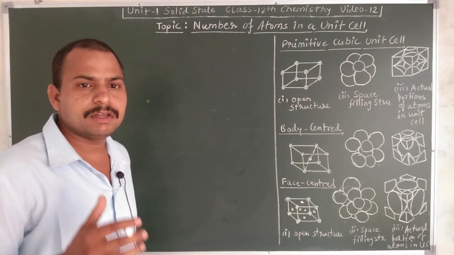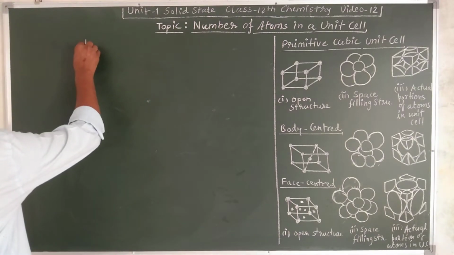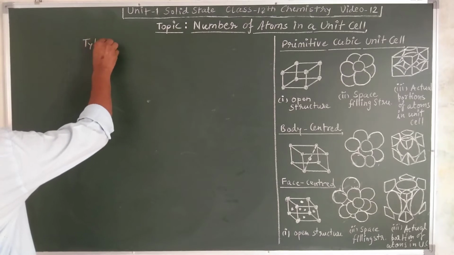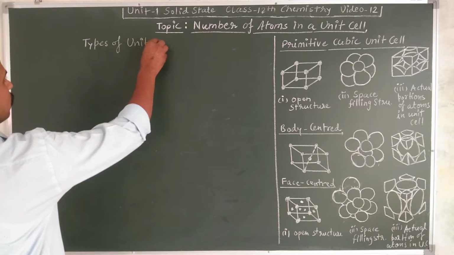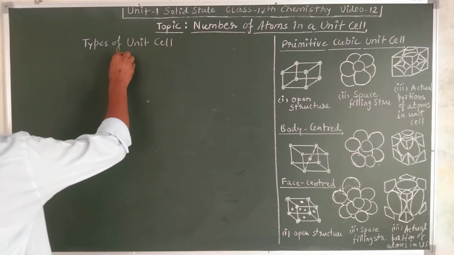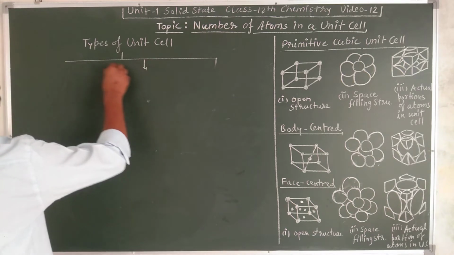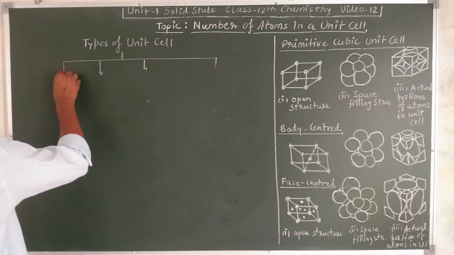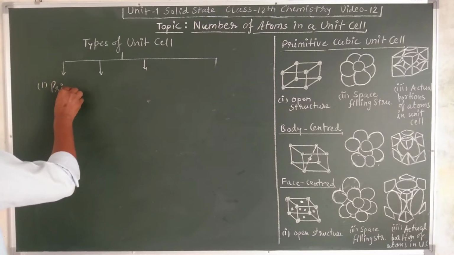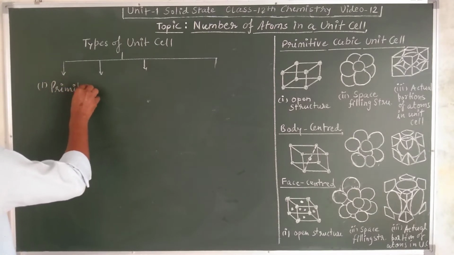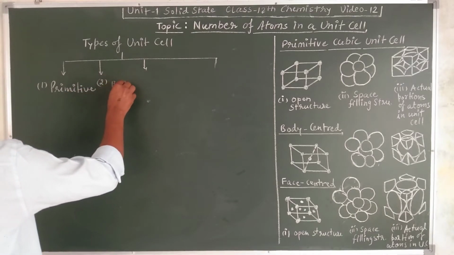We discussed types of unit cells in the previous video lecture. There are majorly four types of unit cell. First is primitive. Second is body centered.